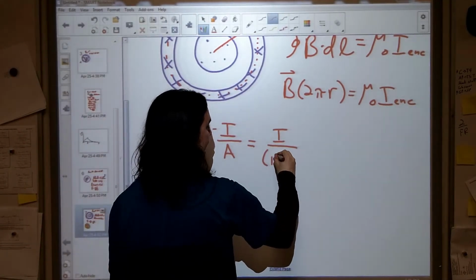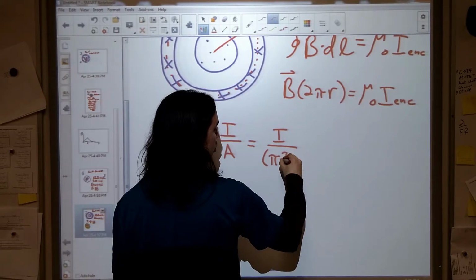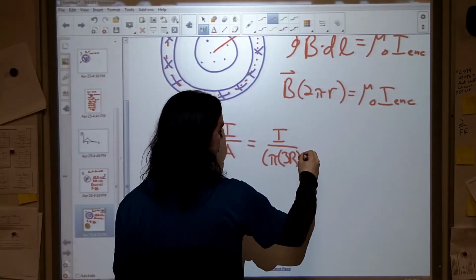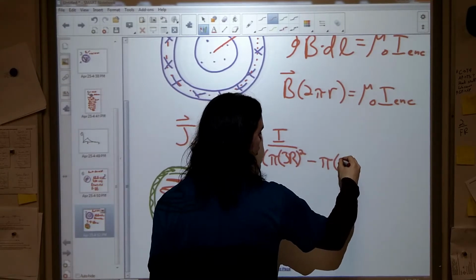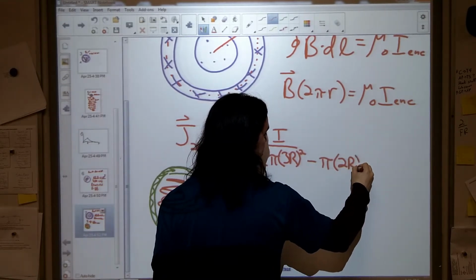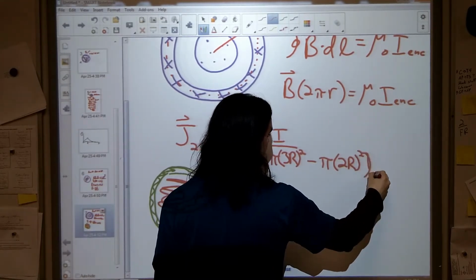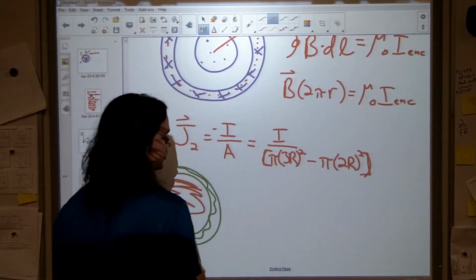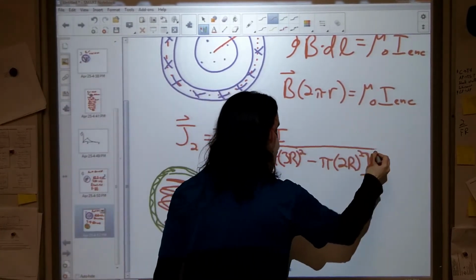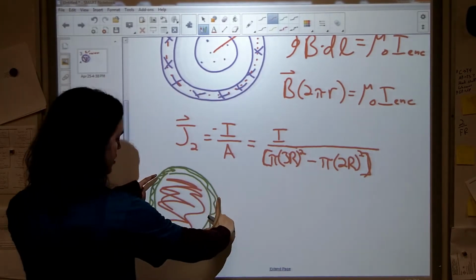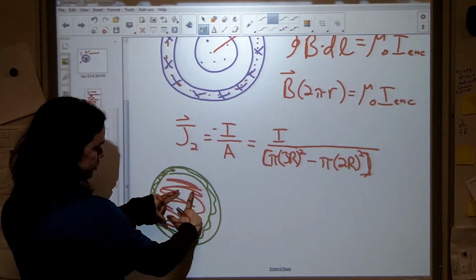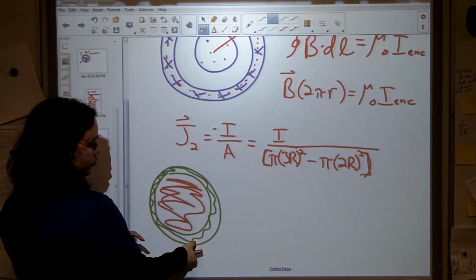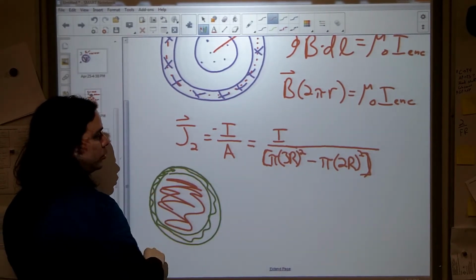The area of the outer circle, which is pi times (3r) squared, minus the area of the inner circle, which is pi times (2r) squared. I should use brackets just to make things proper. This is the outer area, the green, its entire area, minus the inner area, this red area, and what will be left will be just the area of the outer ring.